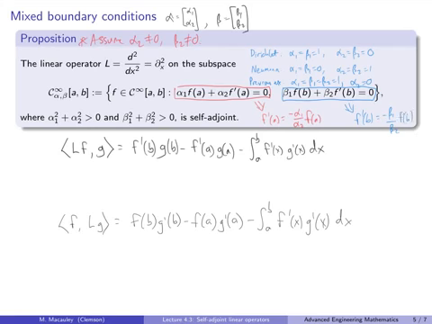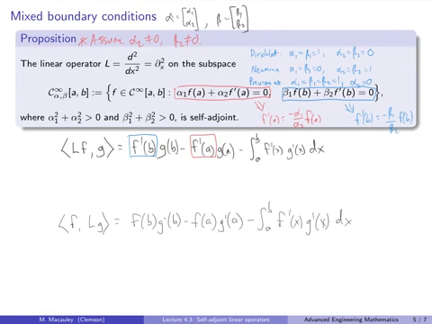Now what we're going to do is see this f prime of A and f prime of B. We are going to substitute in for them, here's that f prime of A, and the f prime of B is this.